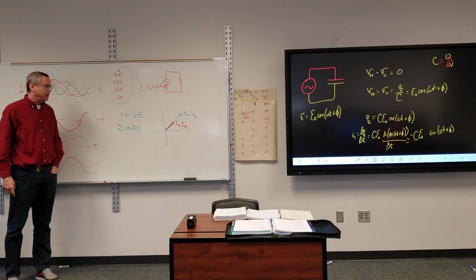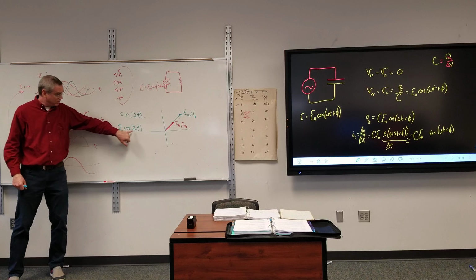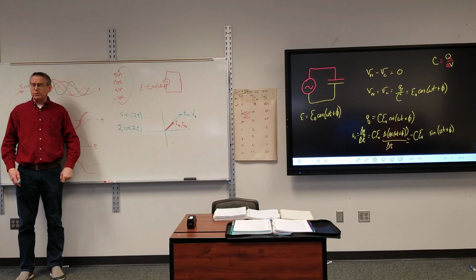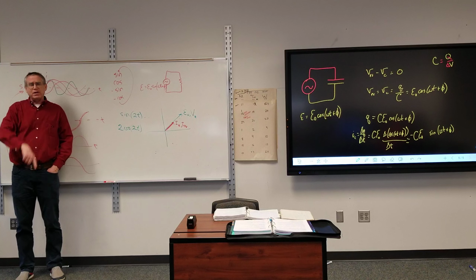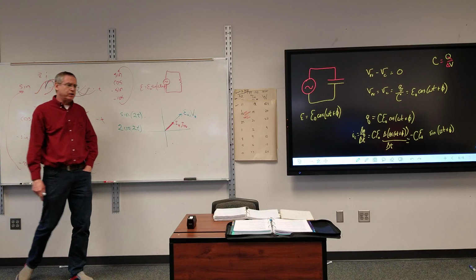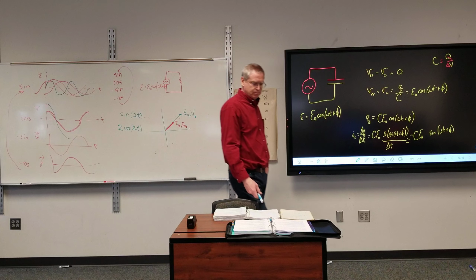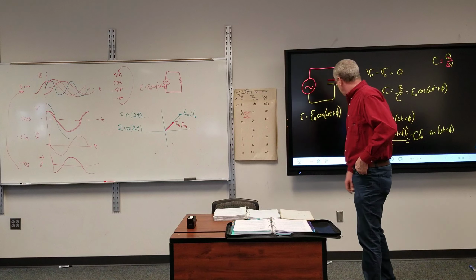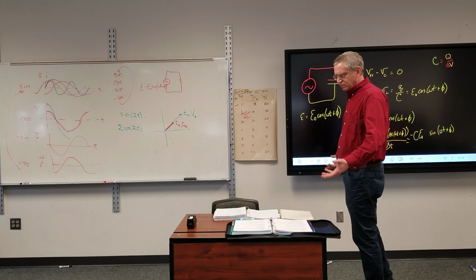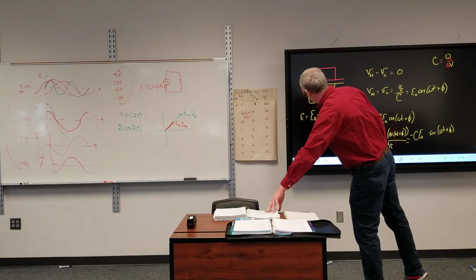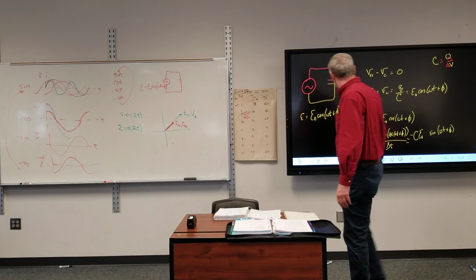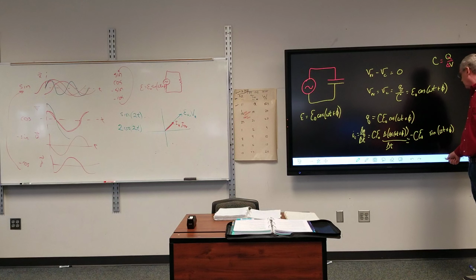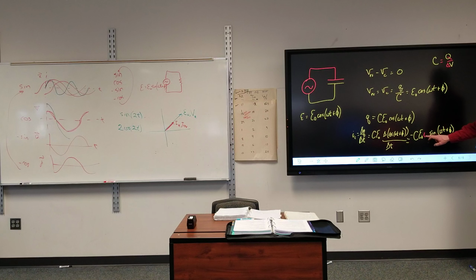Another way of looking at it is that if we think of this in terms of angular frequency or angular speed, it's going twice as fast as before, which means my changes are twice as much. So there's an omega that pops out here.